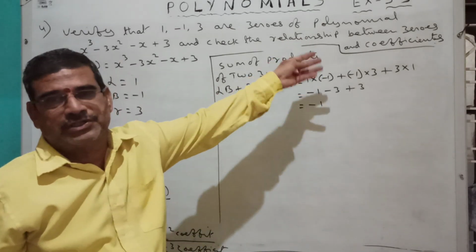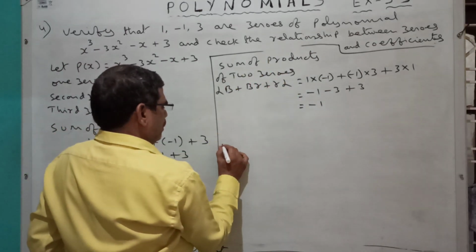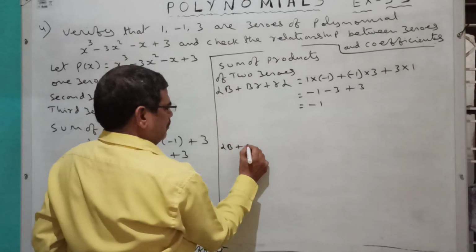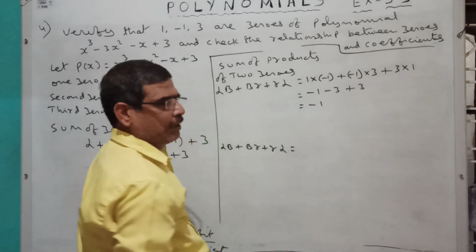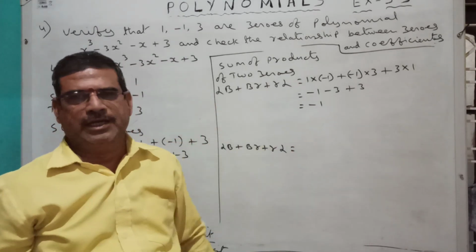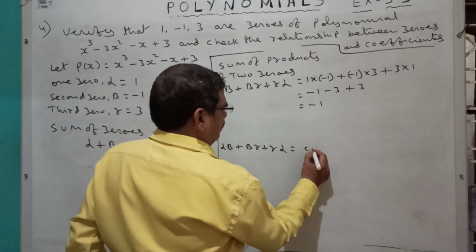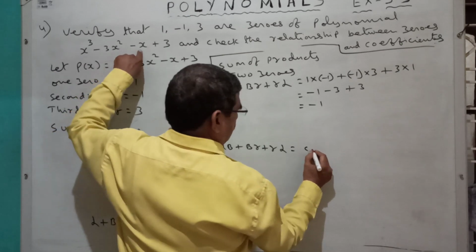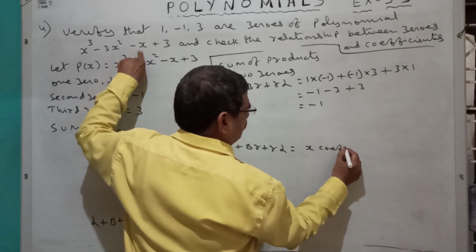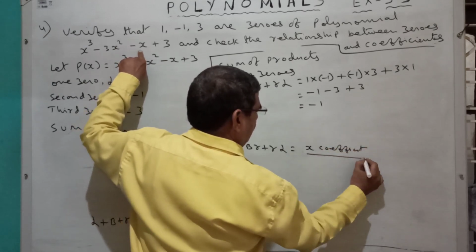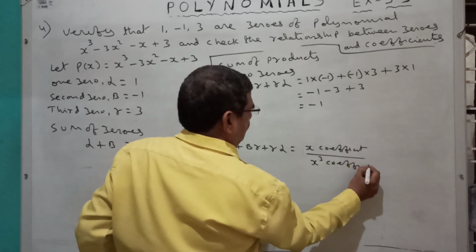I have to verify the relation. So relation means we have to come down. Alpha beta plus beta gamma plus gamma alpha is equal to, already you know the formula, c by a. Here c means the x coefficient, by the x cube coefficient.